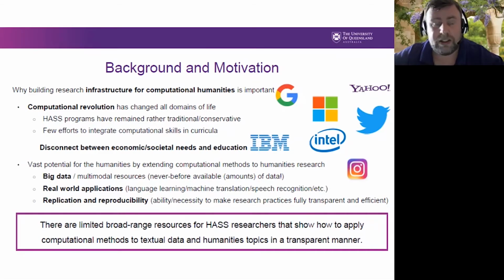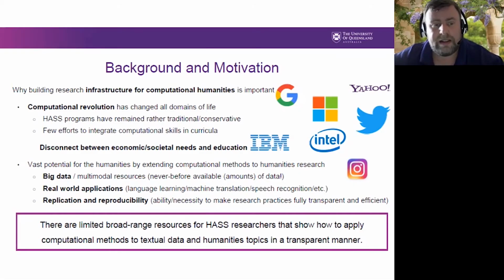In addition, by using computational methods, we can improve the transparency and reproducibility of research, which is good, especially in the light of the ongoing replication crises, where we see that there's a need to really make available what we do and show exactly what we've done to colleagues, but also the wider public.